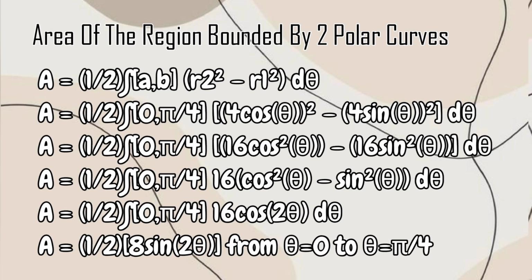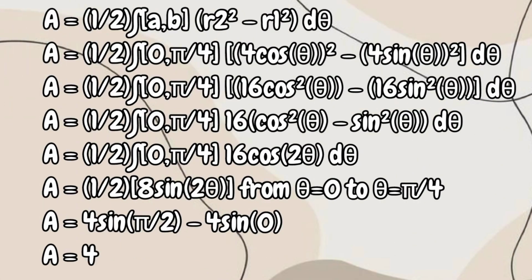Then evaluate the limits. So we have our final answer. Therefore, the area bounded by the polar curves r equals 4 cosine theta and 4 sine theta is 4 square units. And that ends my discussion.